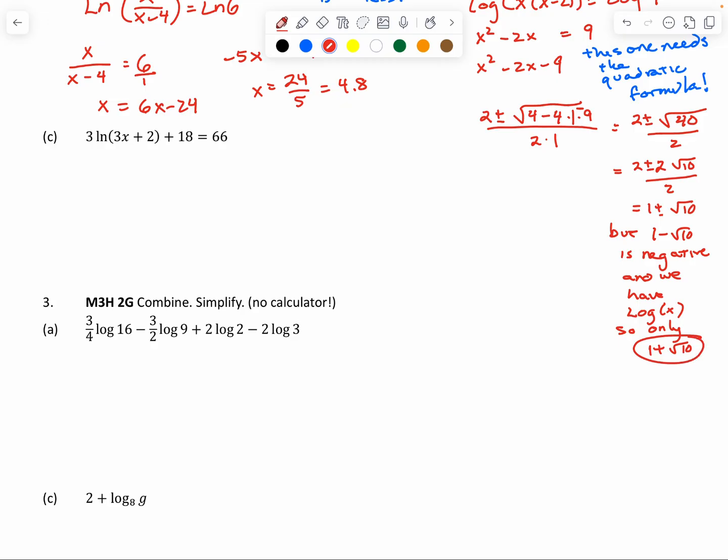Okay. Fun factoid. Square root of 10 is approximately pi, 3.16. That's used in the Bible at least once. Okay. A little note for this one.